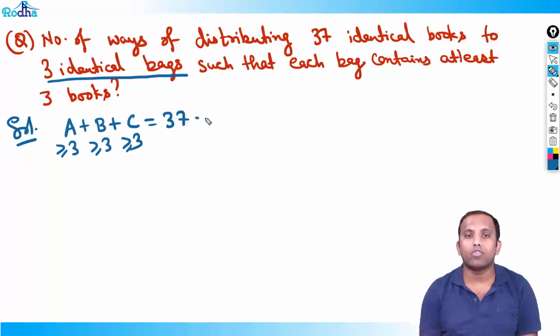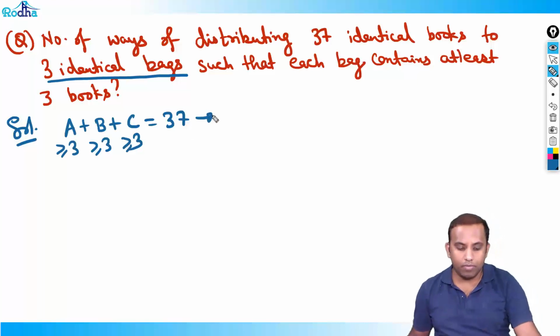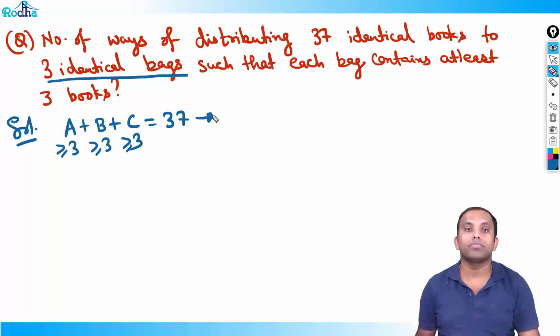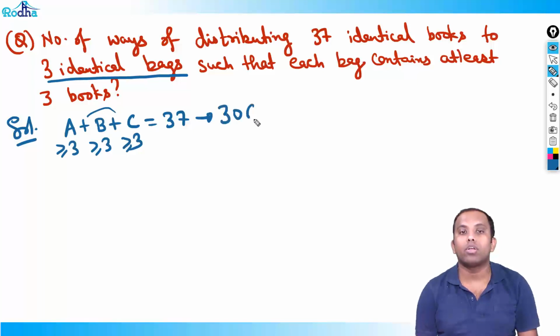What is the total number of solutions for this equation? Giving 3, 3, 3, that is 37 minus 9, 28, plus 2, 30C2. So the total number of solutions is 30C2. Now we have to find the unordered case, because A, B, C are not different; they are the same.